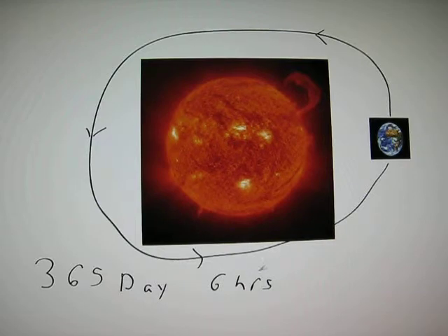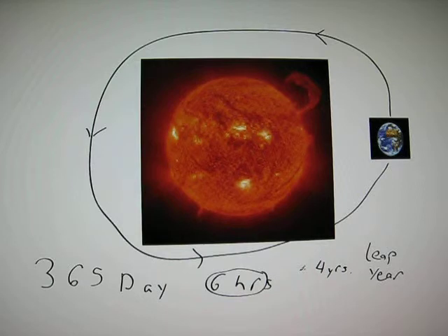So to compensate for that, every 4 years we have leap year. And what leap year does is gives us an extra day, which makes up for this 6 hours. 6 times 4 is 24. That's that extra day. Makes up for the extra day that we don't get. So we have that extra leap year period tacked on at the end of February.